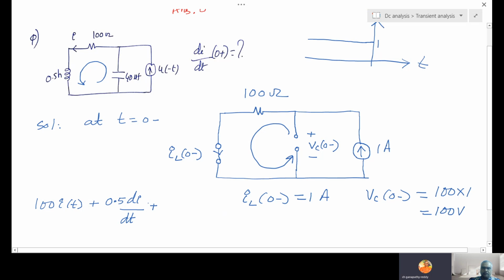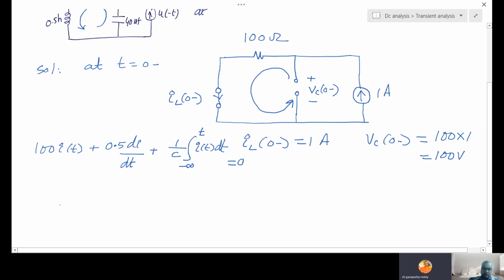Okay, plus now 1 by c integral I dt. What is the formula? The basic actual formula is 1 by c integral from minus infinity to t of I of t dt is equal to 0. That is the basic equation.